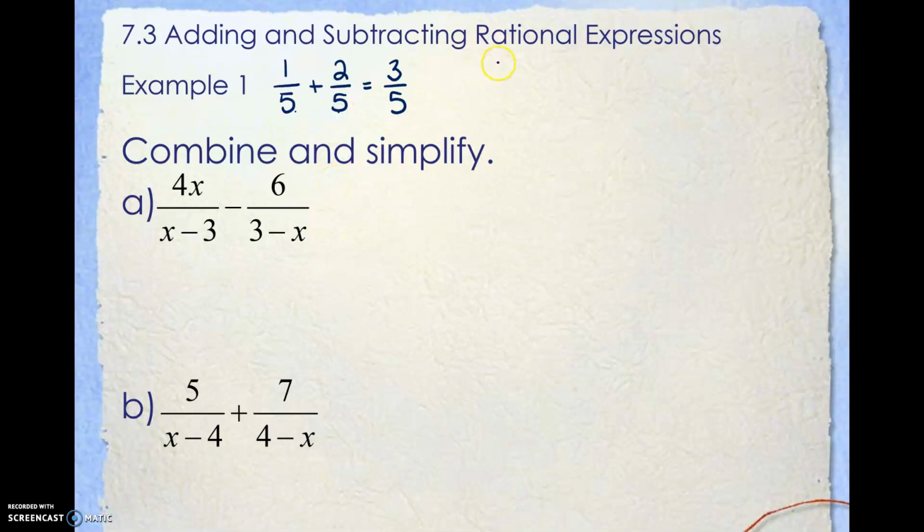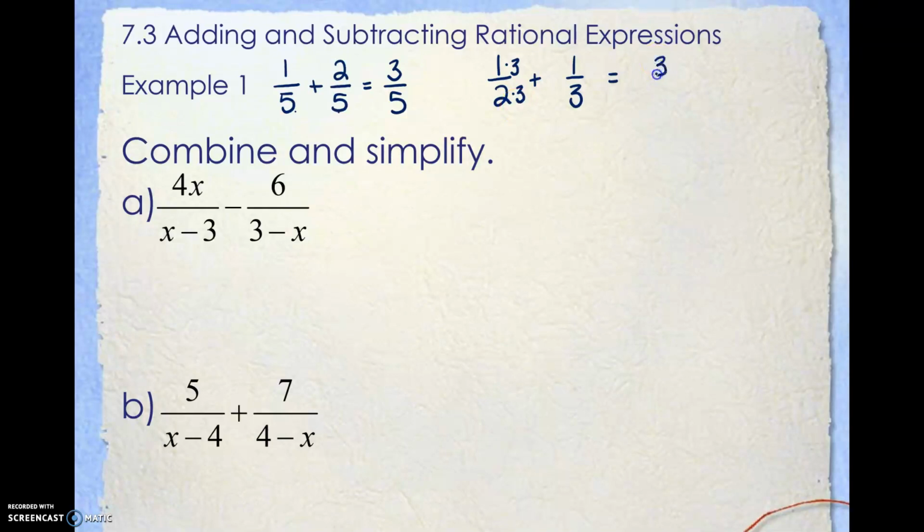the numerators. If I have 1/2 plus 1/3, how do we do that? We have to get a common denominator. So the second fraction has a factor of 3. We would need to multiply this fraction, top and bottom, by 3.